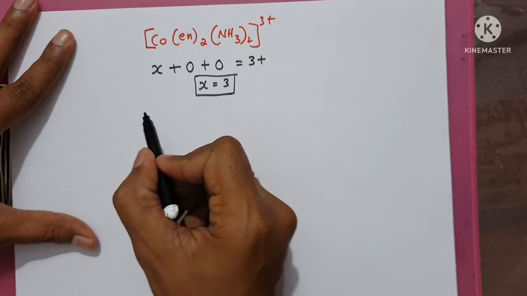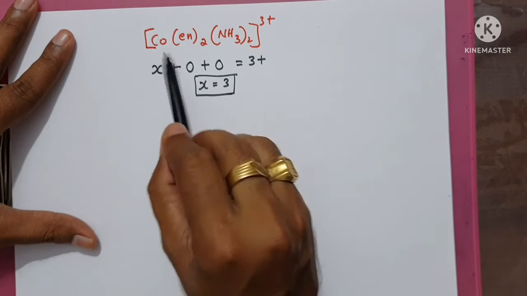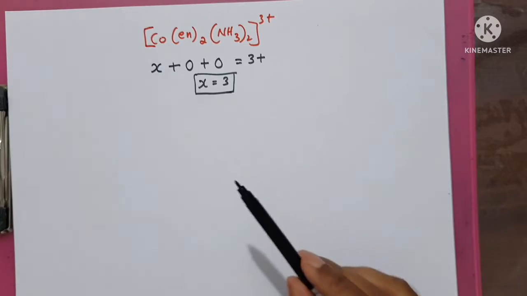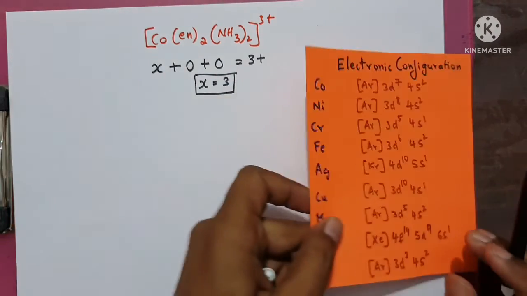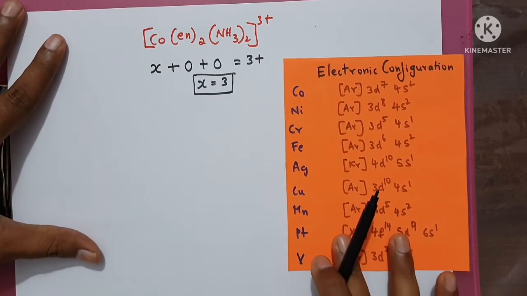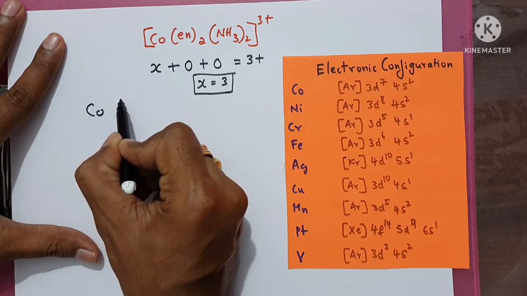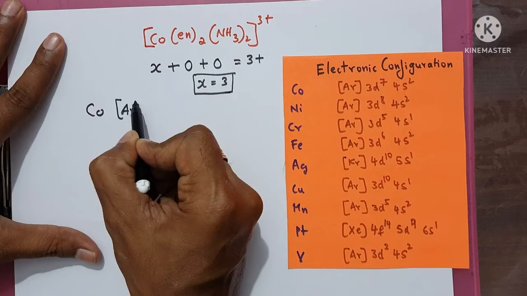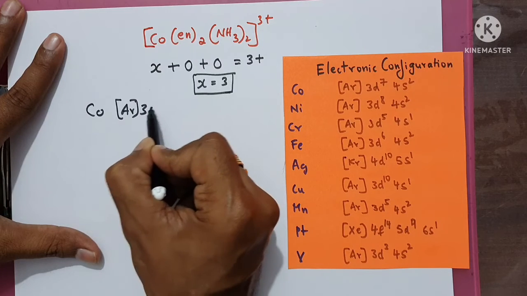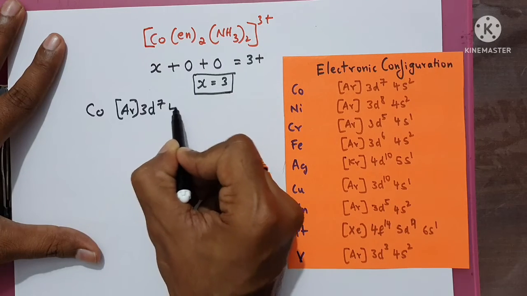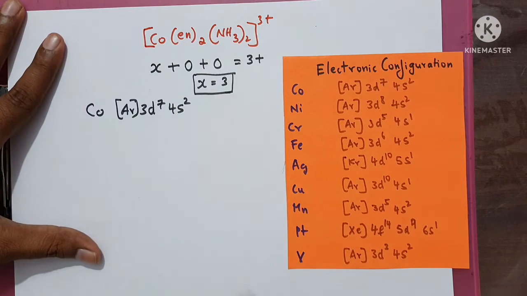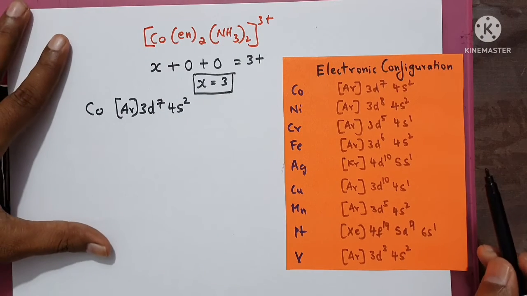Now, I will write the electronic configuration of cobalt first. The electronic configuration of cobalt is Ar 3d7 4s2. Observe, children, you will understand very neatly.